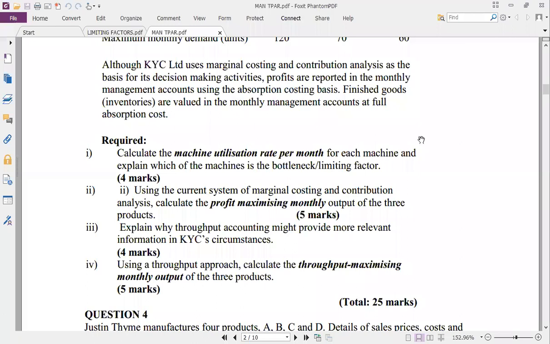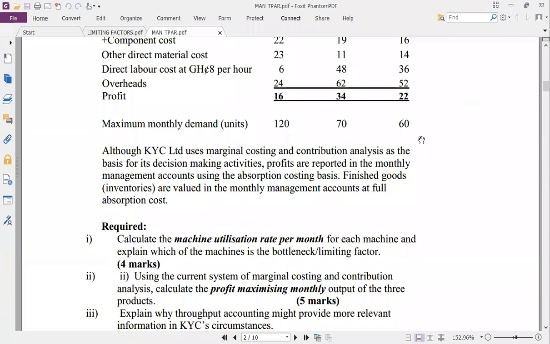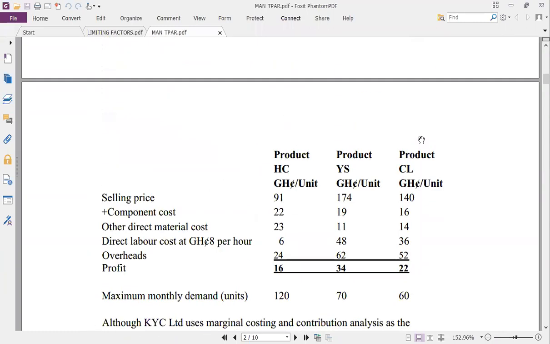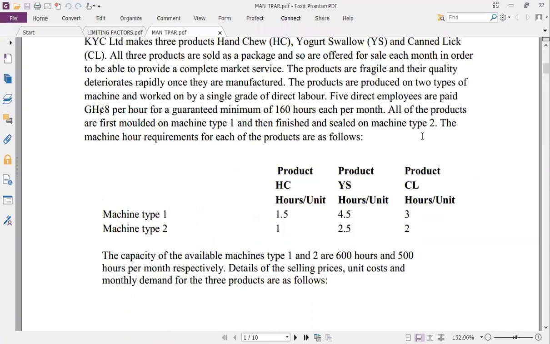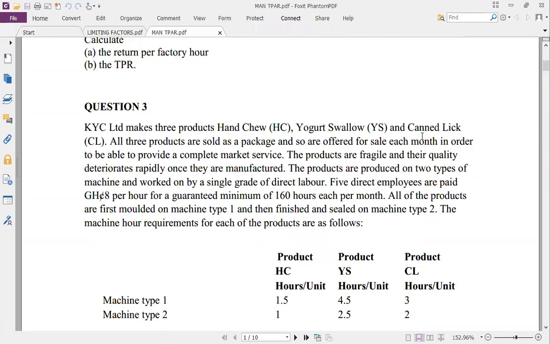They normally move together. Any question which is valid for throughput, the same question can also be valid for limiting factor.